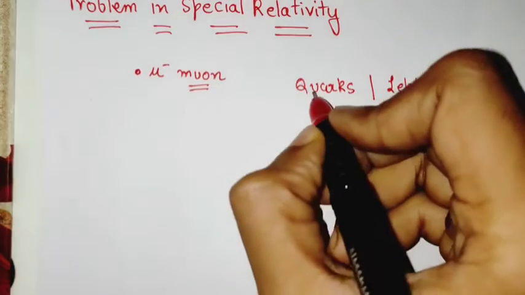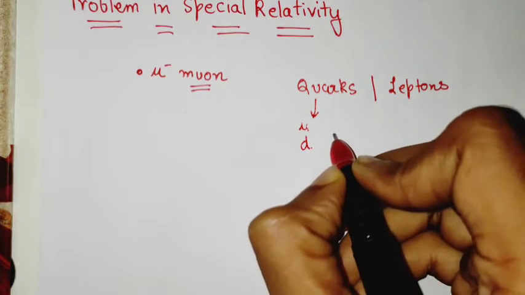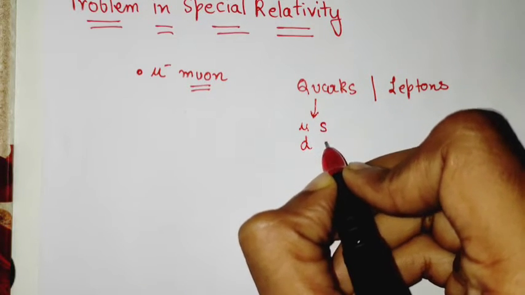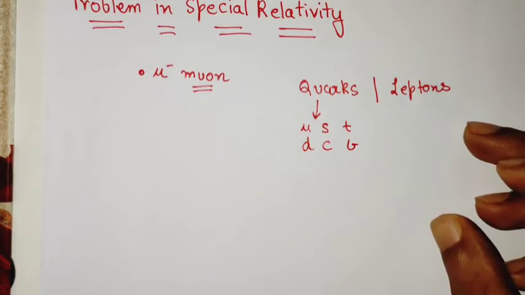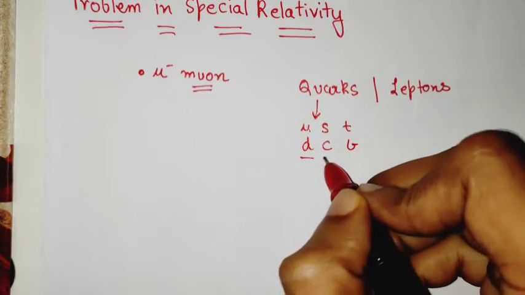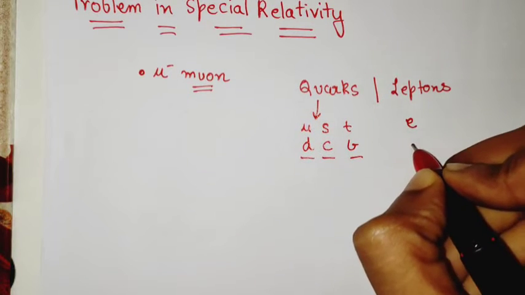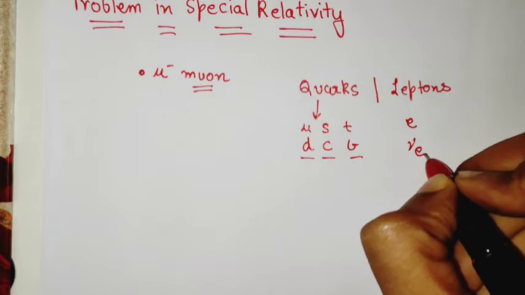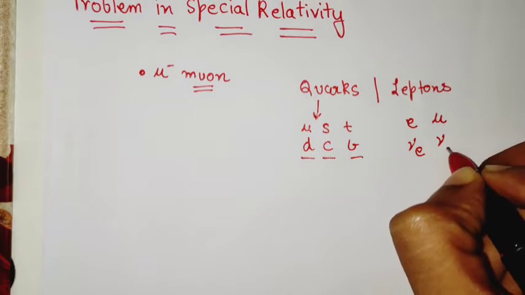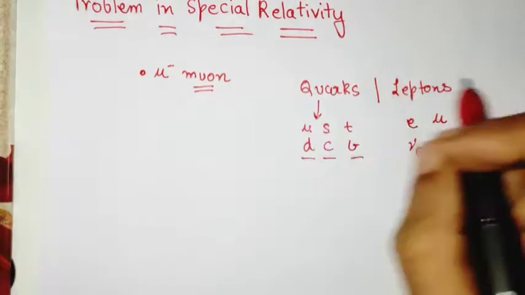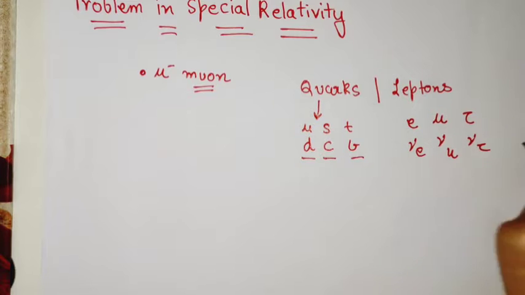The quarks are up quark, down quark, strange, charm, and top, bottom, and they belong to different generations. In the case of leptons, we have the electron and the neutrino associated with the electron. Similarly, we have the muon, the neutrino associated with the muon, the particle that we will discuss, and we have the tau particle and the neutrino associated with it.